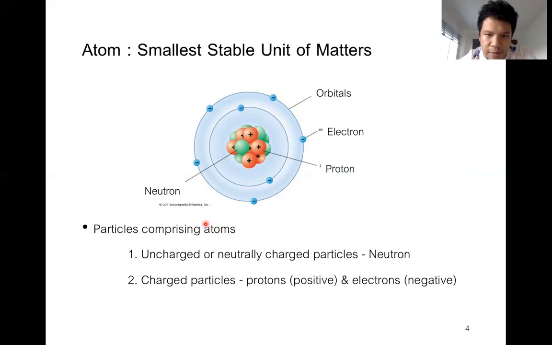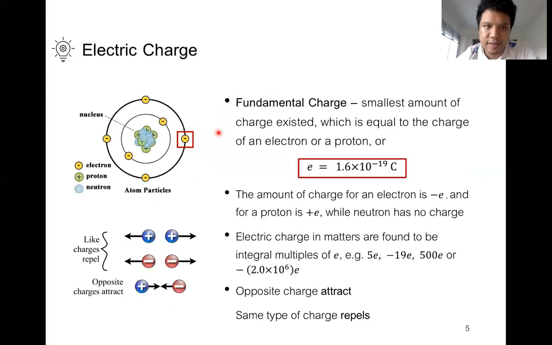Okay, so as I mentioned before, there are the uncharged or neutrally charged particles at the nucleus part of the atoms. We call it neutron. And there are also the charged particles. For the positively charged particles, we have protons. And for the negatively charged particles, we have electrons that are orbiting around the nucleus.